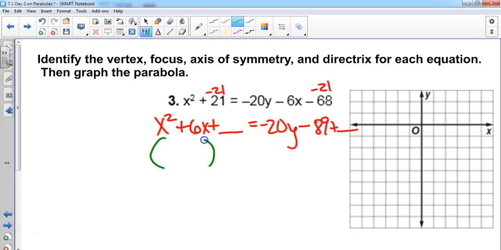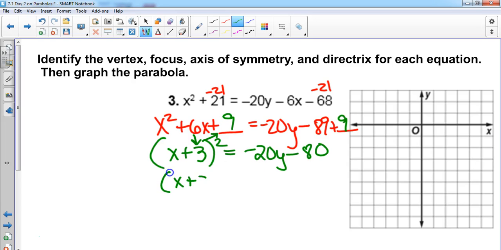All right, over here when we complete this square, we get what? X plus the half of the 6 is 3. And we square it and put it back here, it's a 9. Put a 9 on this side and we have minus 80. We need to factor out a negative 20.